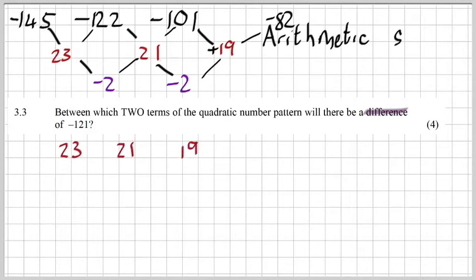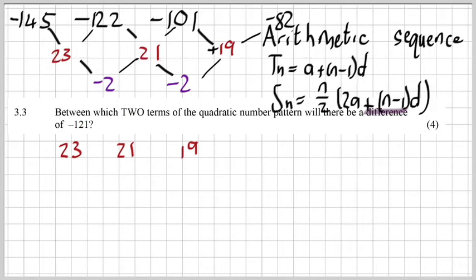This is an arithmetic sequence, which means I've got Tn and Sn to choose from. Now, what are they asking me for? Between which two terms will the difference be? We're not adding the different terms, so it's definitely not Sn. I've got to work with Tn.